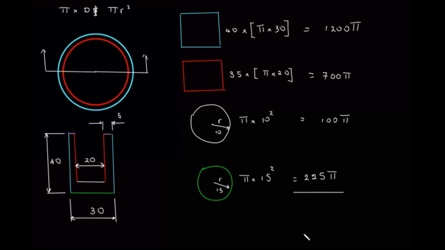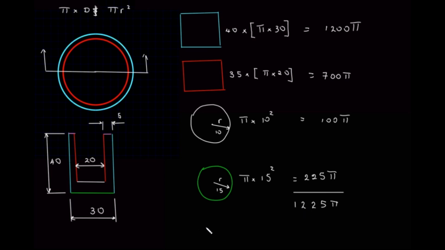Now we add them all up. 0, 0, 0, 5. All times pi. 0, 0, 0, 2. 2, 7 is 9. 10, 11, 12.